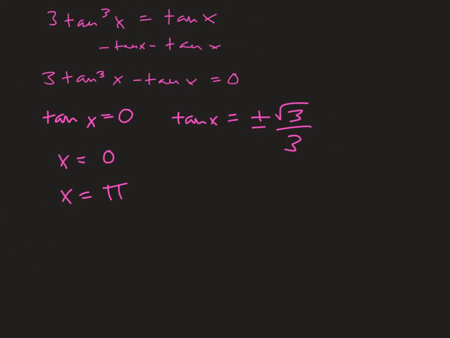And then we need to see where tangent of x is equal to a positive or negative square root 3 over 3. So we have pi over 6, 5 pi over 6, 7 pi over 6, and 11 pi over 6.